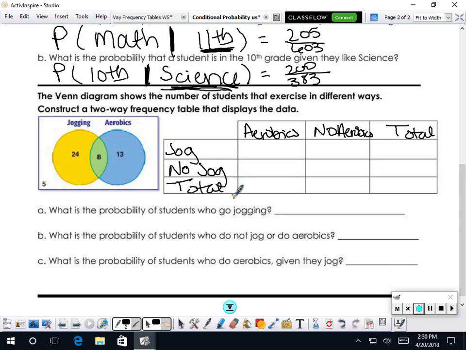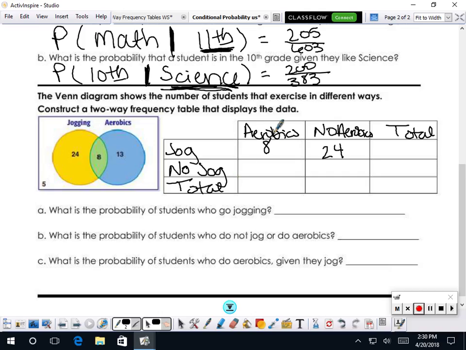Okay, so from the Venn diagram, I'm going to use that information to fill into the table. All right, the first box is for jogging and aerobics. So that is the overlap of my two circles, which is 8. The number of students that like to jog but not do aerobics would be 24.